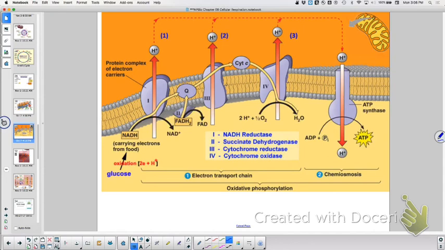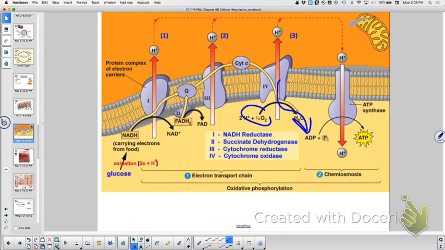So this is telling me that I need oxygen to remove the electrons so that I can make ATP. In photophosphorylation, I used light to excite the electrons so I could phosphorylate.